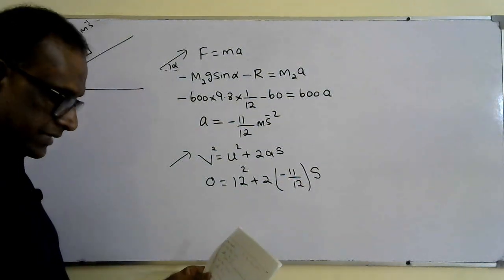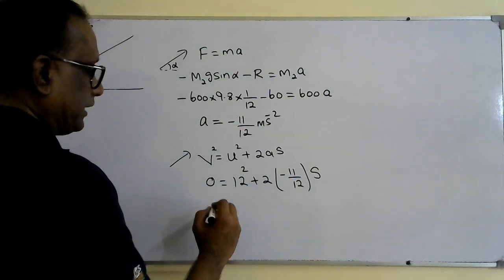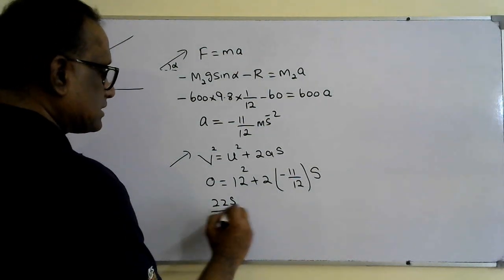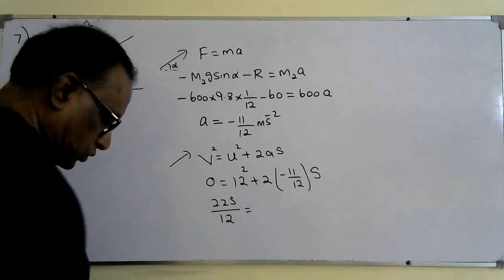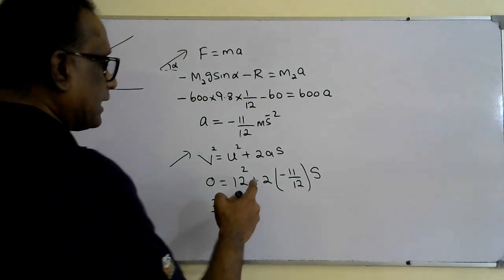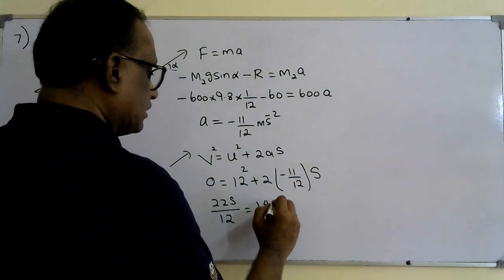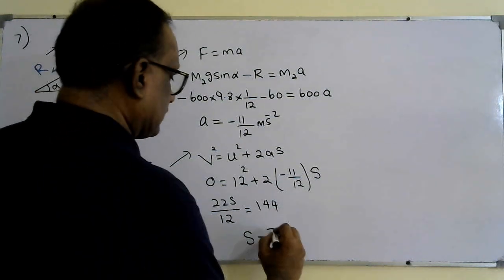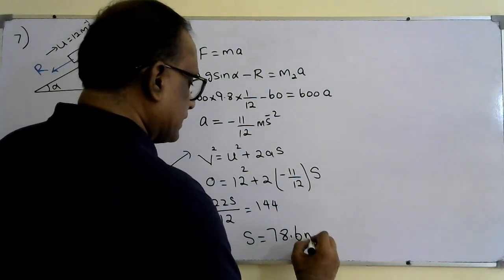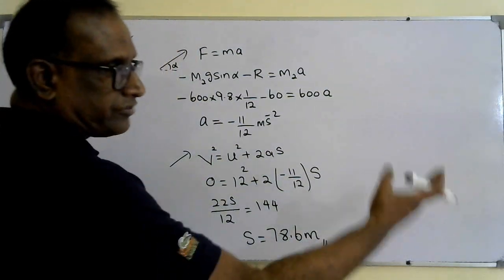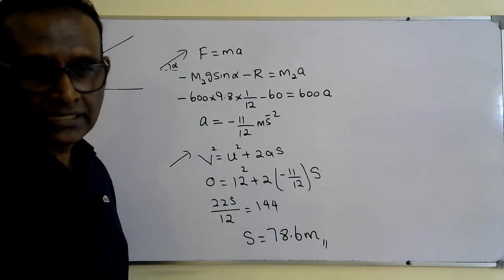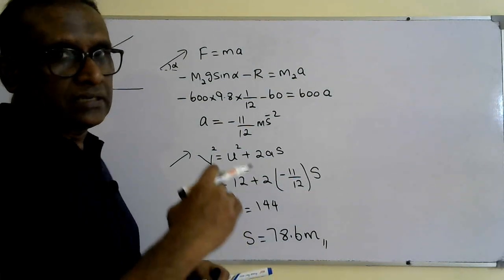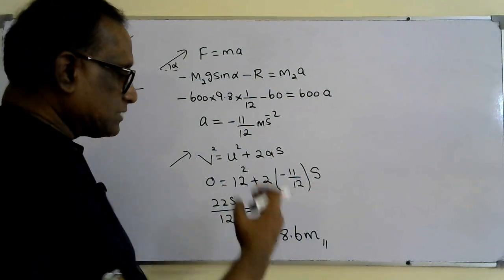Solve this one: you'll get 22s over 12 equals 12 squared, that is 144. Find the s, you will get s equal to 78.6 meters. So it will move a distance of 78.55 or 78.6 meters from the moment the tow bar breaks until the speed becomes zero.